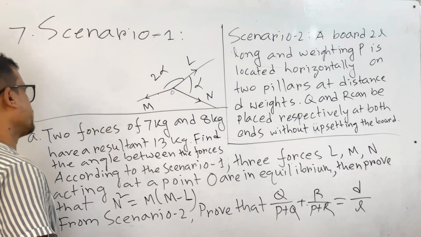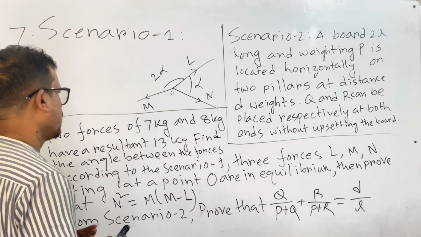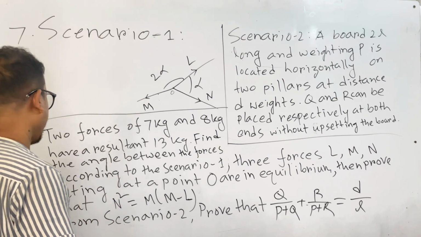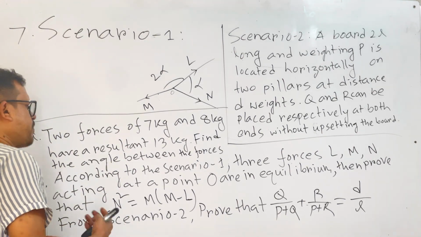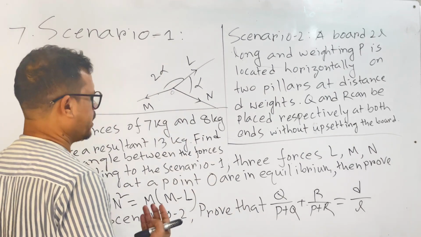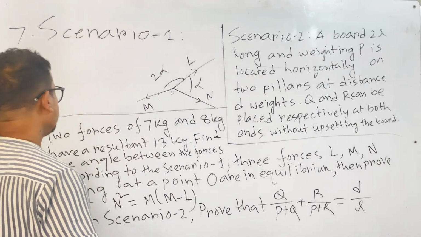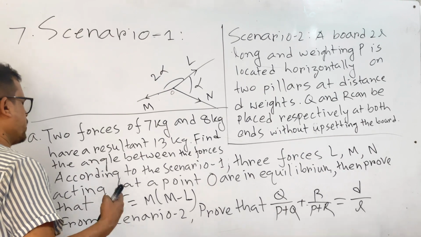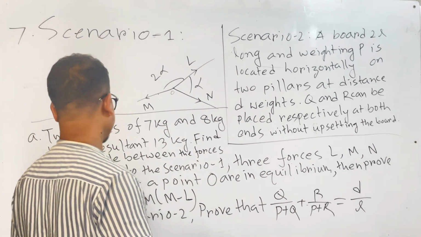B, according to scenario 1, three forces L, M, N acting at a point O are in equilibrium. Then prove that N squared is equal to M times (M minus L).